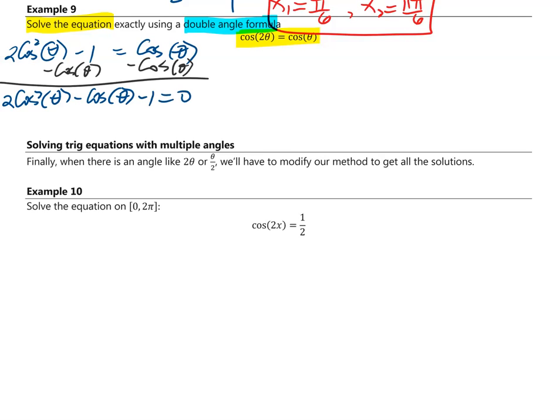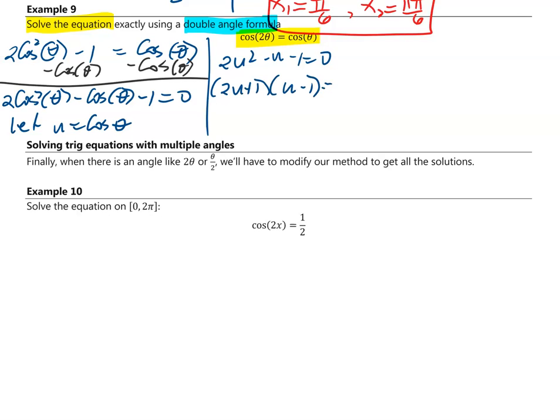And let's say u is cosine theta, so we will have 2u squared minus u minus 1 is equal to 0, and the factors are 2u plus 1 and u minus 1 is equal to 0, so that u is equal to negative 1/2 and u is equal to 1.